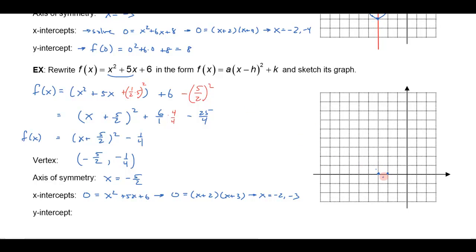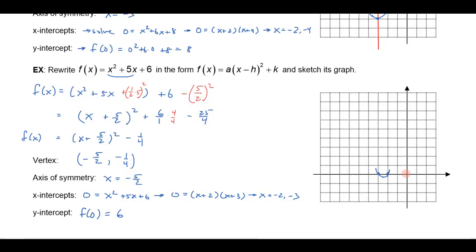All right, but that was the x-coordinate of the vertex. Okay, so what's going to come down is going to go back up here. Okay, and for the y-intercept here, I'll have f of 0. I want to plug in 0 to find the y-intercept. So if you plug in 0, 0 squared is 0, everything with an x cancels out, and you just get 6.